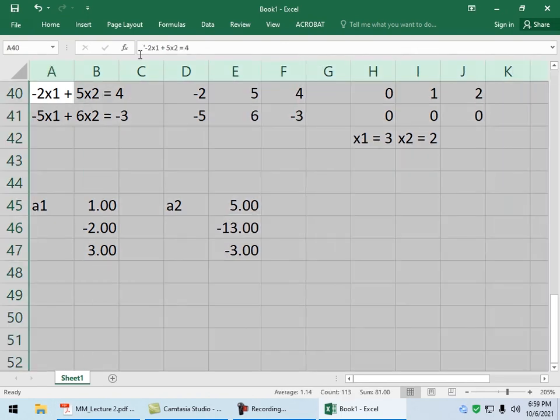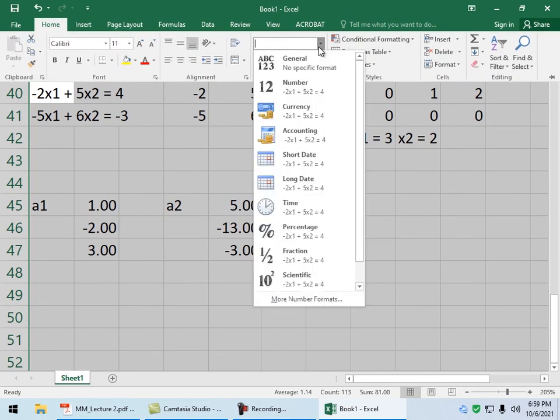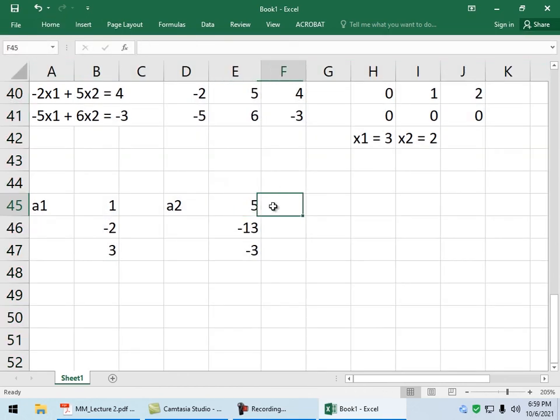Okay, let me change. And the result is a vector b, minus 3, 8, 1.